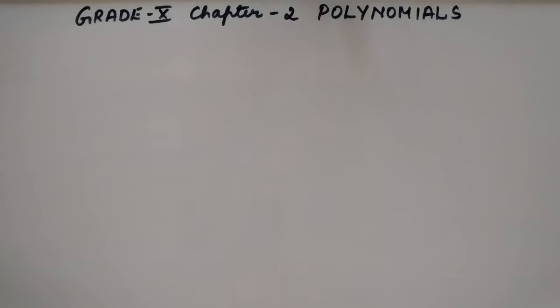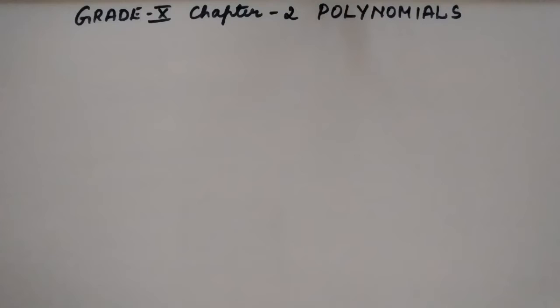In the last video session, we understood what exactly is a polynomial. Poly meaning many and nomial meaning terms. Also we learned what is a term as well as what is degree of a term.